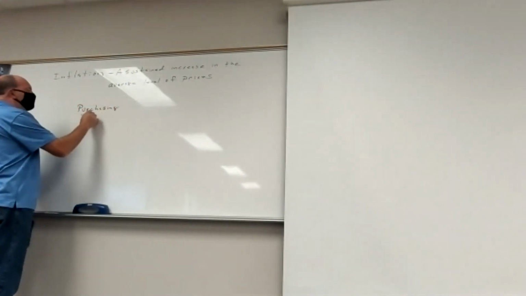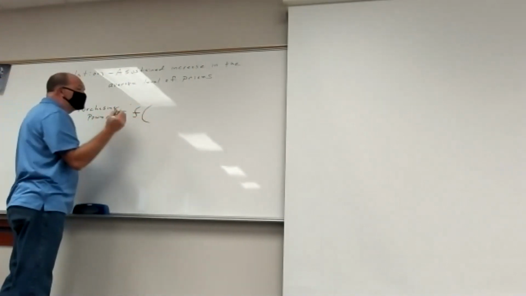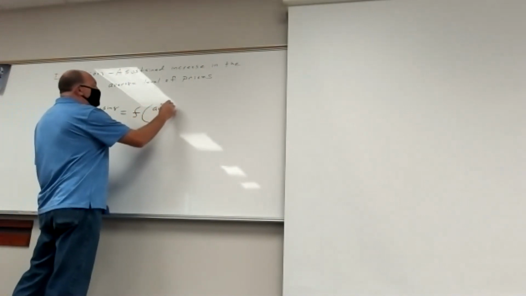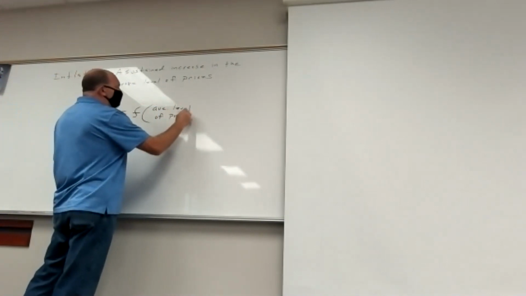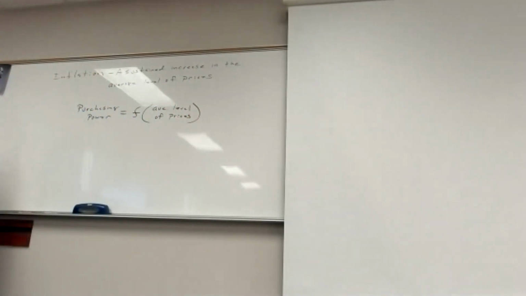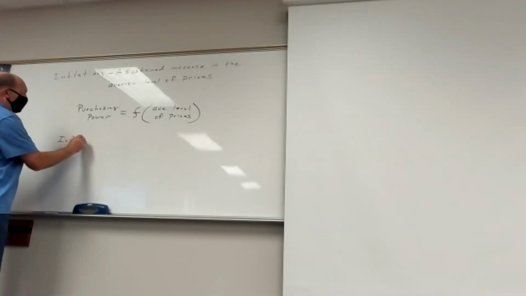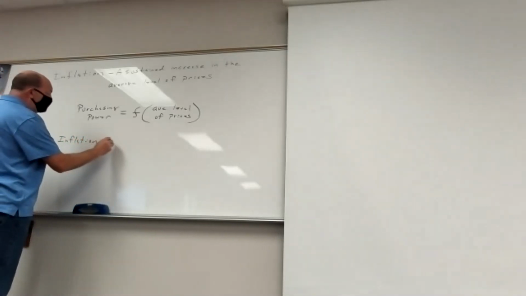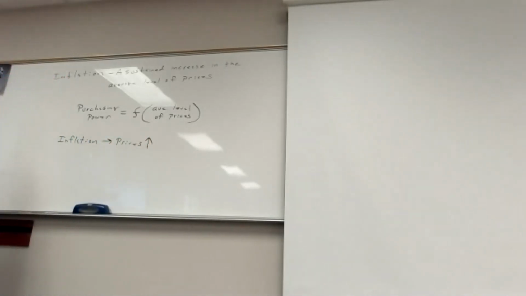The purchasing power of money. Now, purchasing power is influenced by, or is some function of, the average level of prices. So what that means is, if you're talking about inflation, inflation basically means that prices in the economy are in fact increasing.